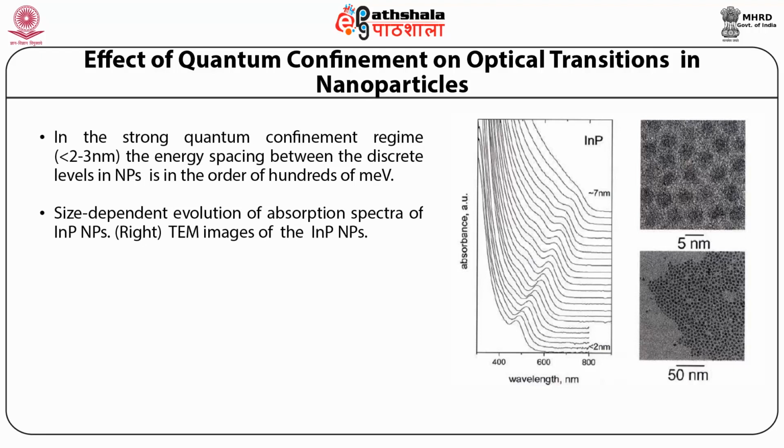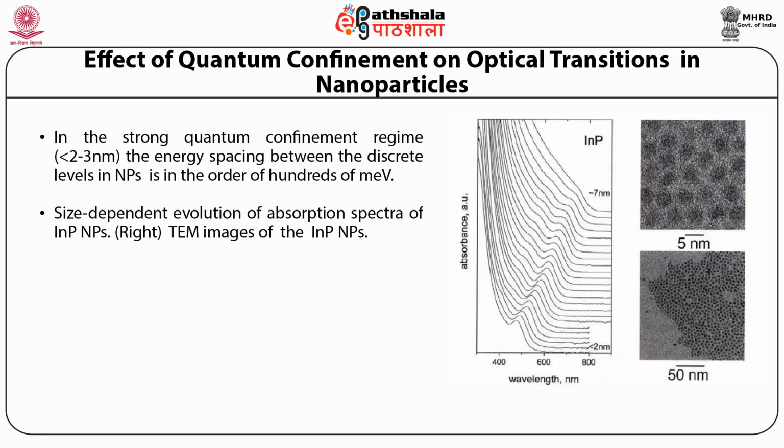In the strong confinement regime, less than 2 to 3 nanometer, the energy spacing between the discrete levels in nanoparticles is on the order of hundreds of meV, and therefore optical transitions between these levels can be clearly resolved in the optical absorption spectrum.